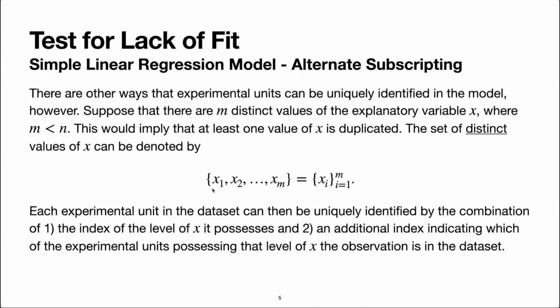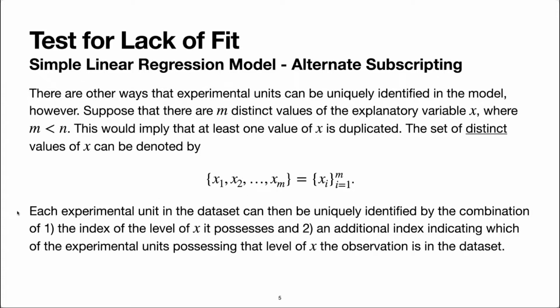The single subscript here corresponds to an index that is identifying the distinct values in the data set. And so, for example, we might sort the data set according to the values in the explanatory variable. And so once we do that sort, then x1 could represent the smallest value of x in the data set, x2 the next smallest value, and so forth.